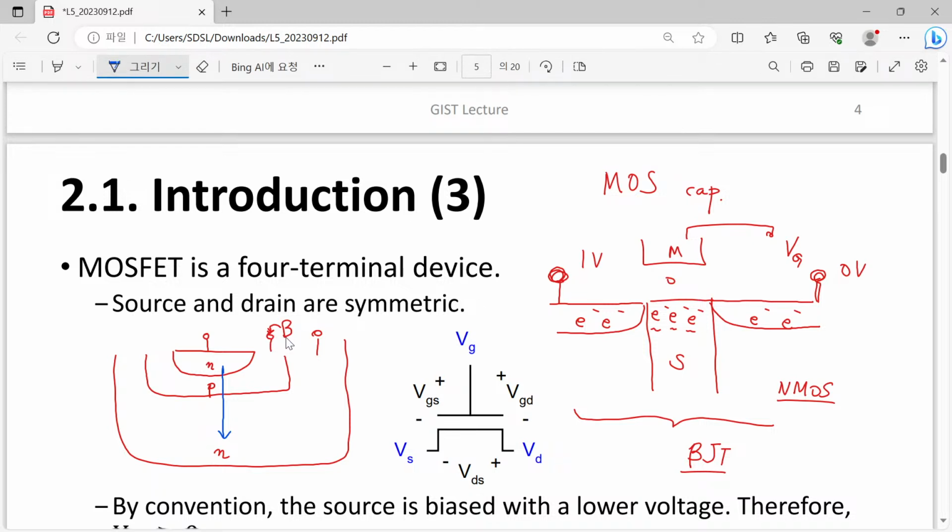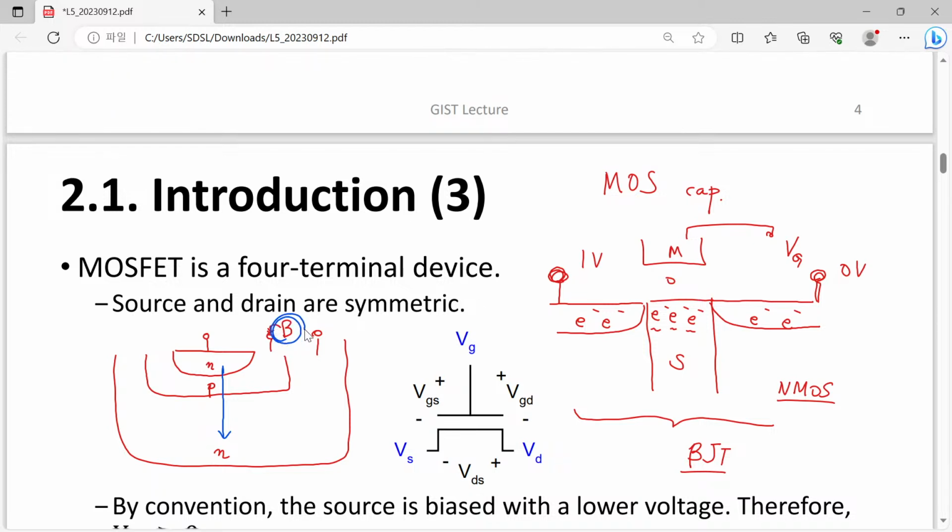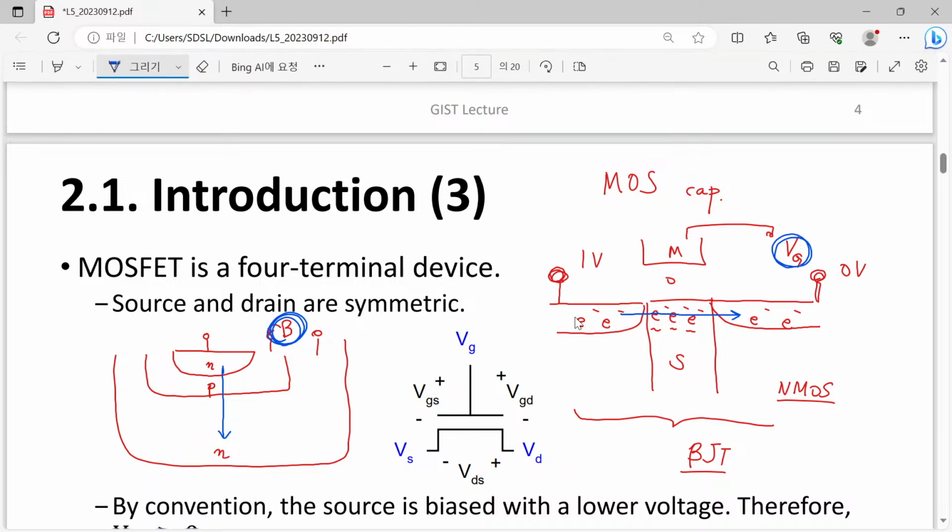By controlling the voltage of this center terminal, we can control the amount of current between the two terminals. Seemingly quite similar. However, from the structural view, in the case of MOS these two terminals have the same structure, so any of them can take the role of a source.